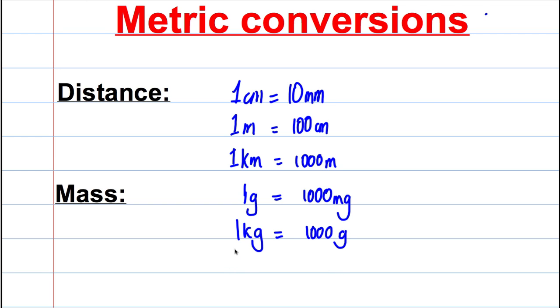And we also need to know that 1 metric ton is equal to 1000 kilograms. Okay, so these you should be aware of. The distance ones should be very straightforward for you. The grams one is straightforward because kilogram means 1000 grams. Milligram is a thousandth of a gram as well, so you should be able to remember those.